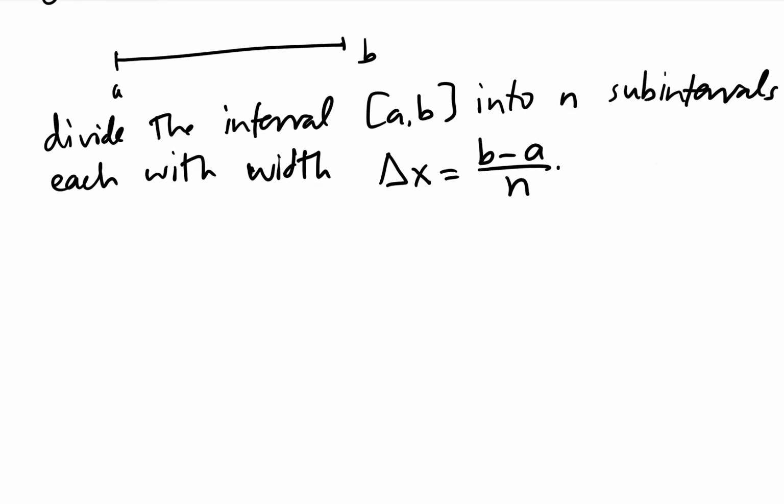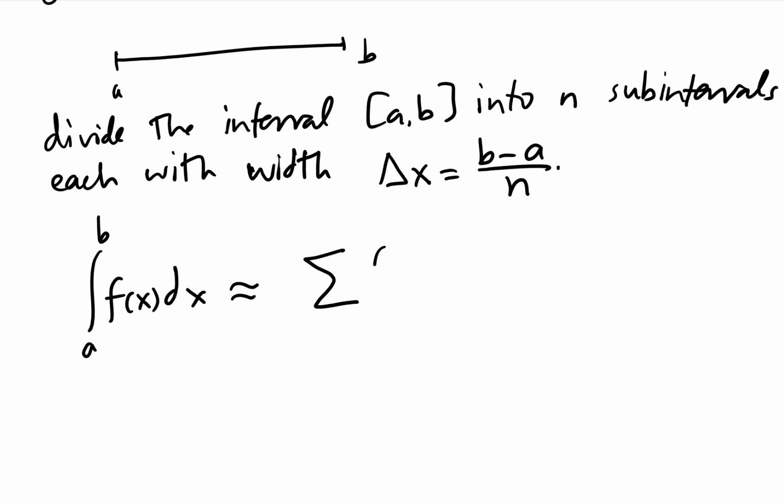Then the integral that I started with, a to b f of x dx, can be approximated now with the sum of all the areas of these n rectangles you're going to come up with.